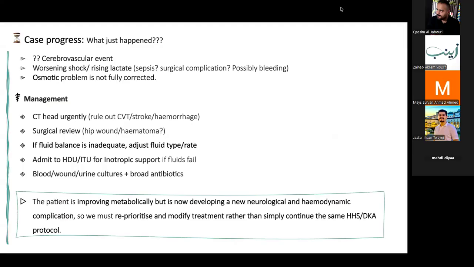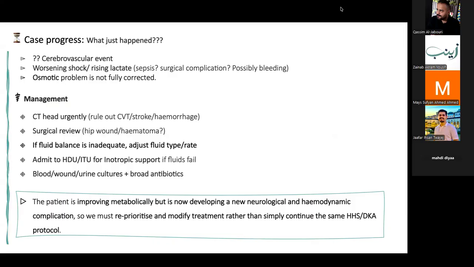The learning point from this case is the fact that the patient is improving metabolically, but now developing a new neurological and hemodynamic complication. So you need to now reprioritize and shift your fluid management protocol to address these new complications.